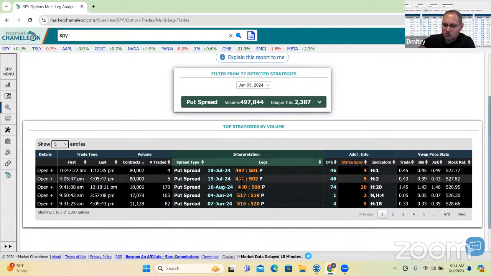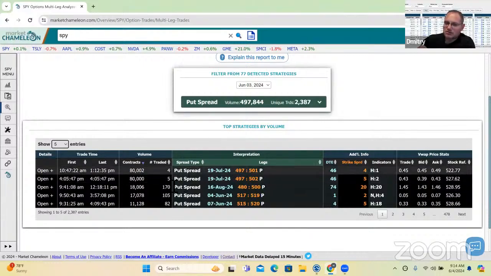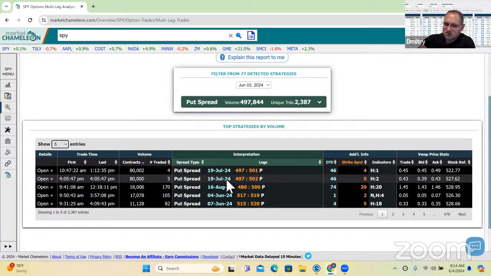Here's one that was the same. If we go down one, at 405.47, so this traded after 4 o'clock. The next one down, 80,000 contracts, traded 5 times. Same expiration, July 19th. You can see here it's slightly different.